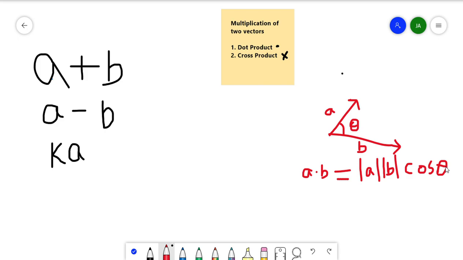Now what we need to know about the dot product is that when you're asked to find the dot product of two vectors given its components, all you have to do is multiply the components together. Here's what I mean.